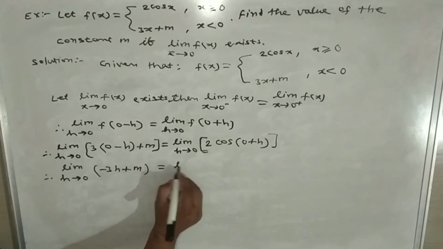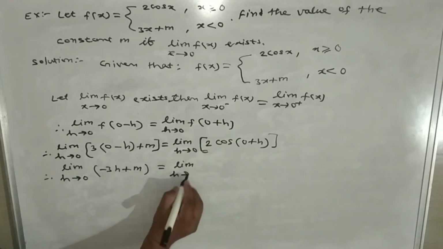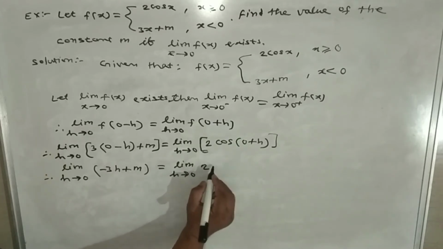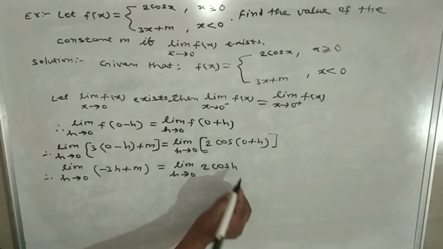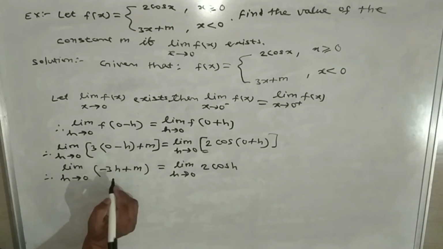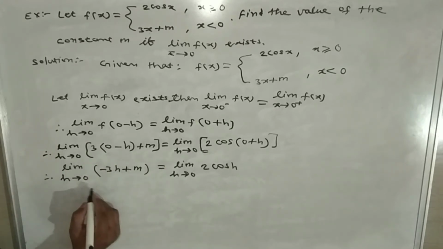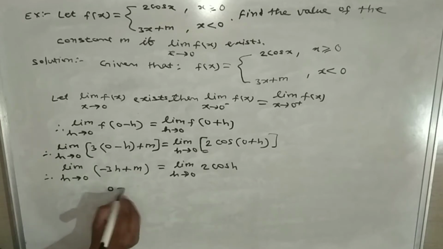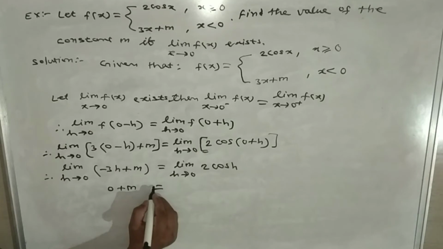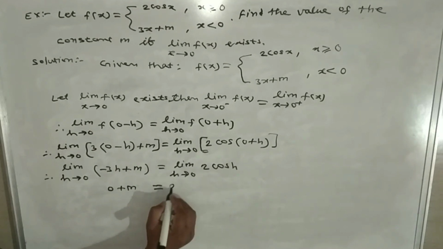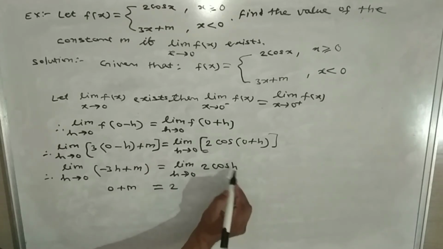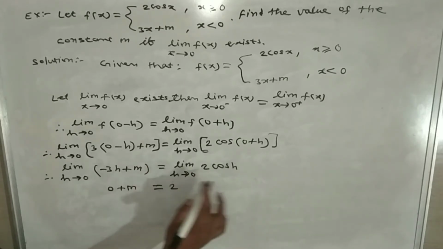which is equal to the limit as h tends to 0 of 2 cos h. So as h tends to 0, this will be 0, and what we get? We get this is 0 plus m, and this is equal to 2 cos h, cos 0, in place of h there will be 0 because of the limit h tends to 0.